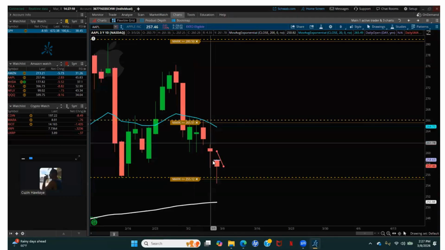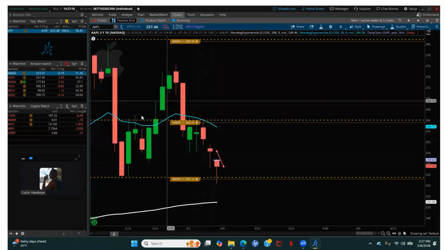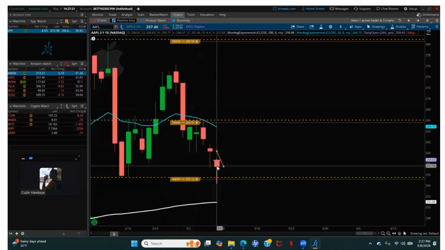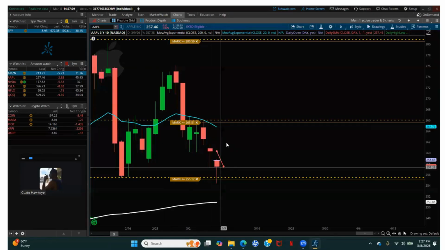But now we're looking at daily candles. Each one of these candles is now one day in length. So here is the high of the last day. And as I said, I'm recording this on a Sunday. So therefore, the last trading day was a Friday.